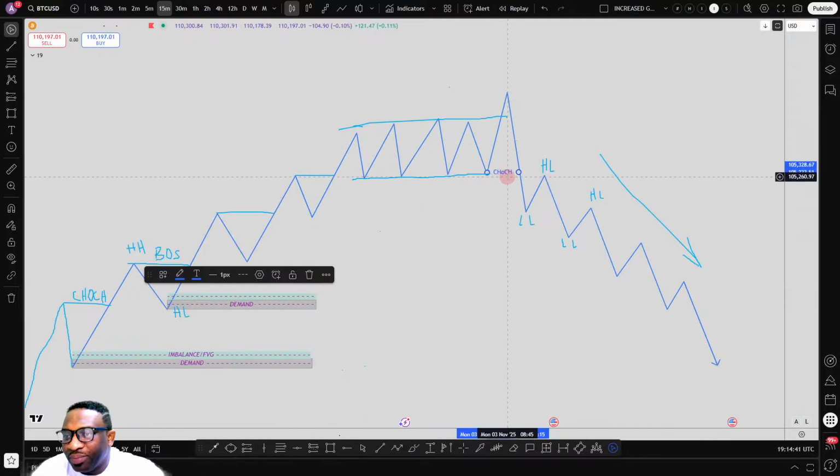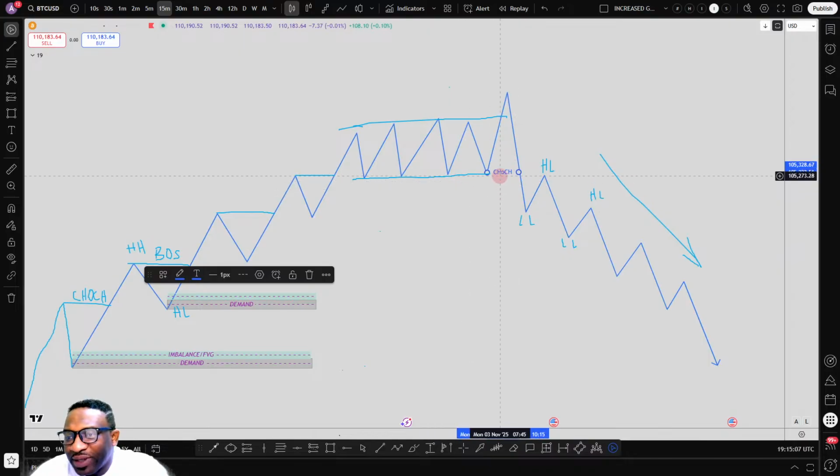This is the first break after this move up, closing below these equal lows. So this is a change of character. More or less, we've changed the direction that we were initially trading, the up direction. We change it to a downtrend. That's why we call it a change of character.